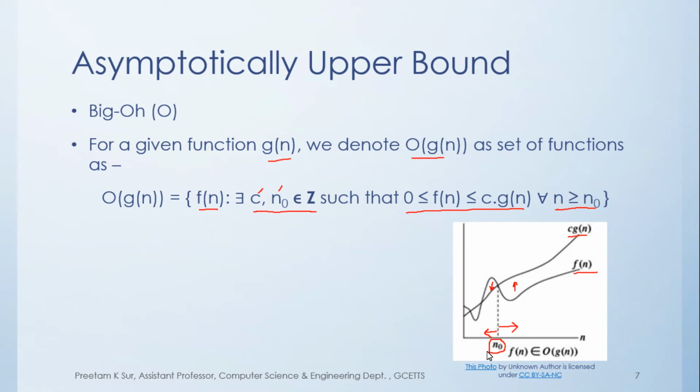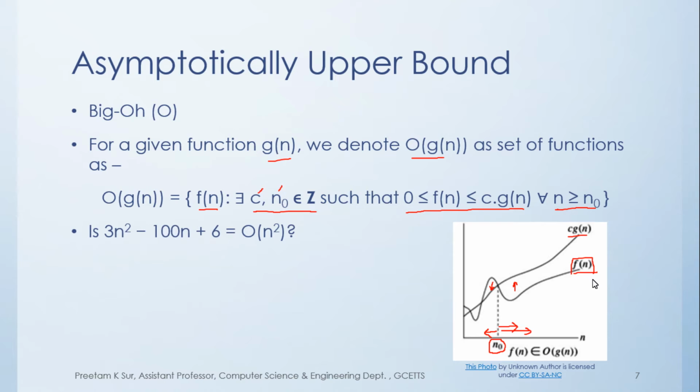But as per the definition, from the point n becomes n0 onwards, c into g(n) always gives you an upper bound to the function f(n). This is how the asymptotic upper bound is defined.